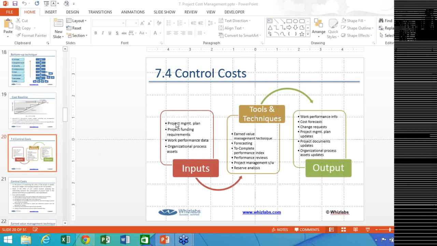It even gives reserve analysis, like what are the contingencies allowed and available, and even the management reserves, whatever is available and all that.